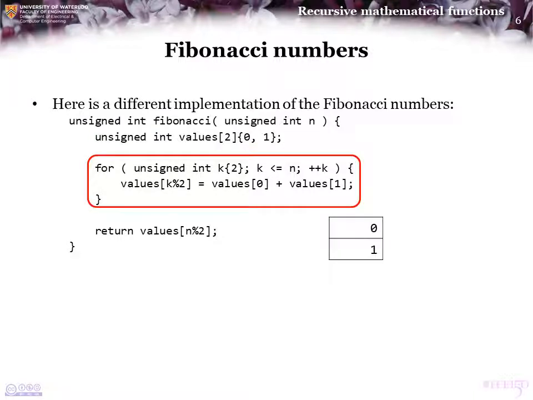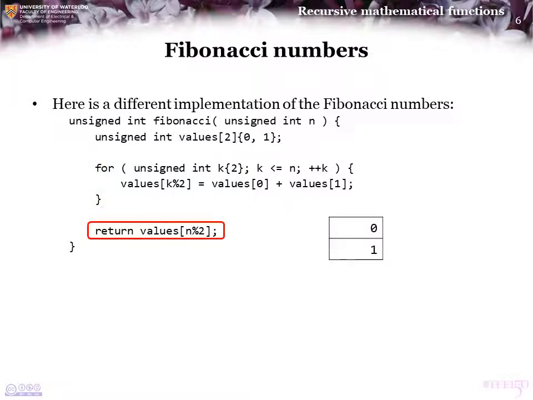However, if we have a larger value of n, then we're going to iterate this loop body. And you'll notice that this loop body, starting with k equal to 2, updates one of the two entries of the array with the sum of the current values in the array. All right, we'll see how that works, and then we return one of the two entries.